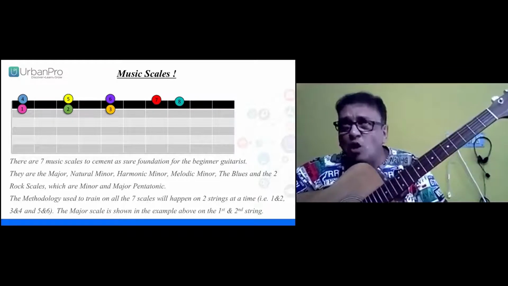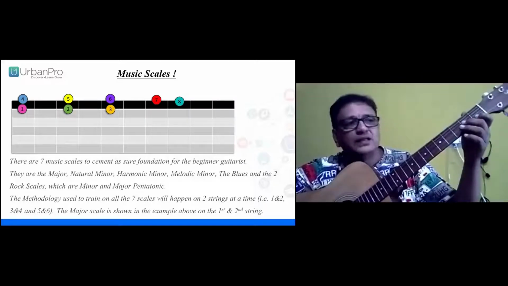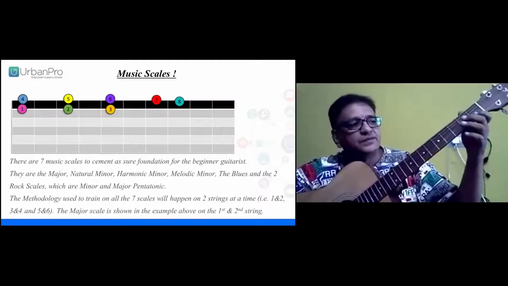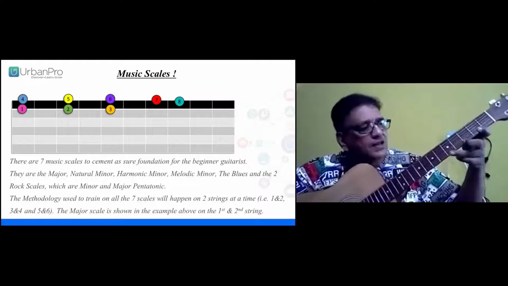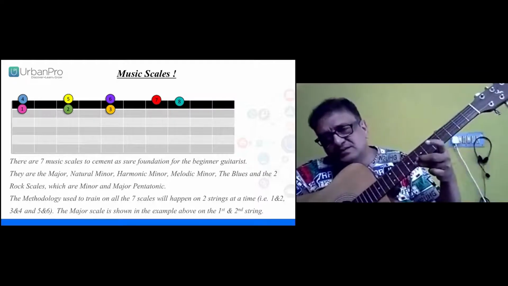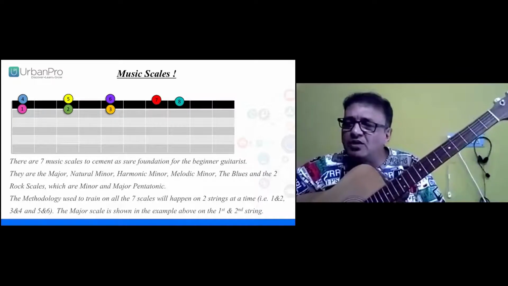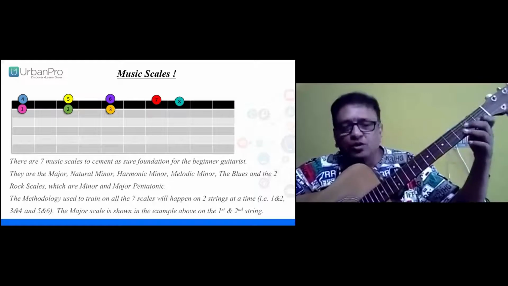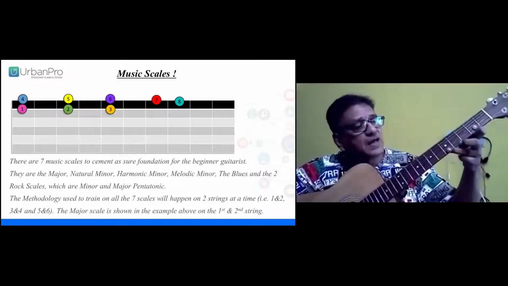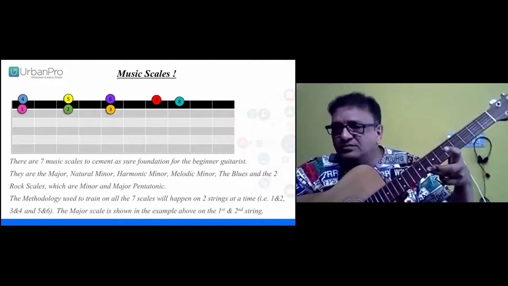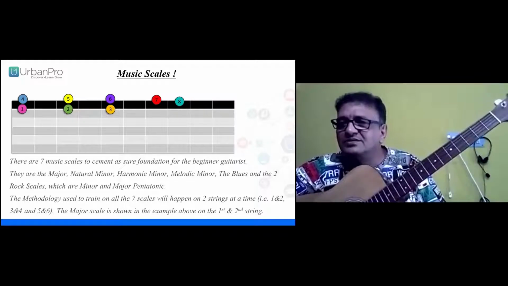And commonly known as in Indian classical, Sa Re Ga Ma Pa Da Ni Sa. Or in Western, the terminology used is Do Re Mi Fa So La Ti Do. Great.